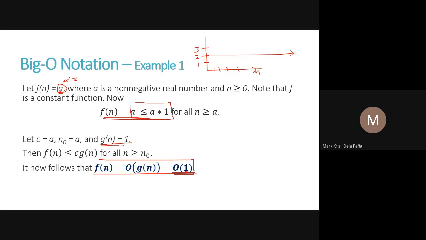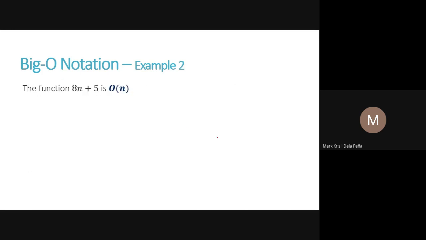However, for other cases wherein the growth rate is not constant, then we'll have a set of solutions. Say, for example, this one. Actually, this is our function. Now, f of n is equal to 8n plus 5. So the possible choices here would be finding, again, a C and then n sub 0, or initial n.